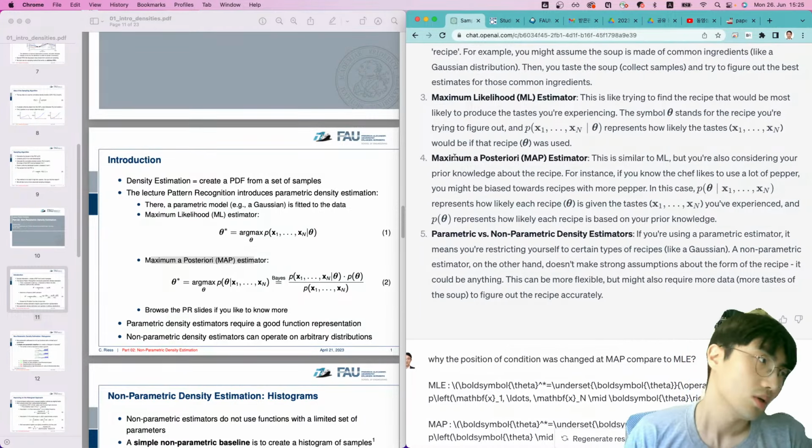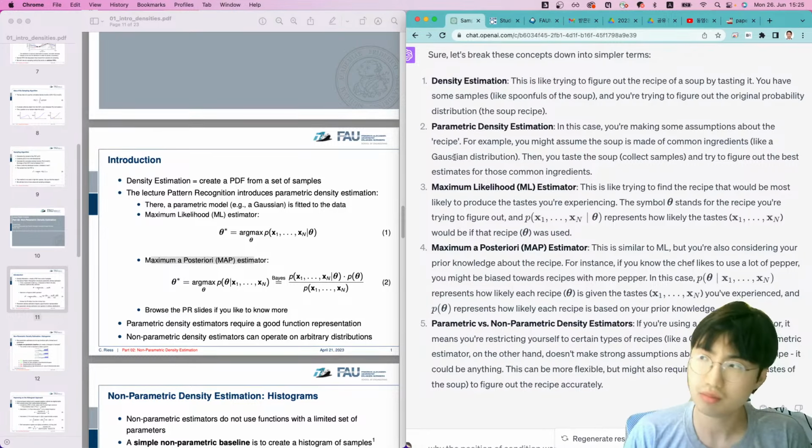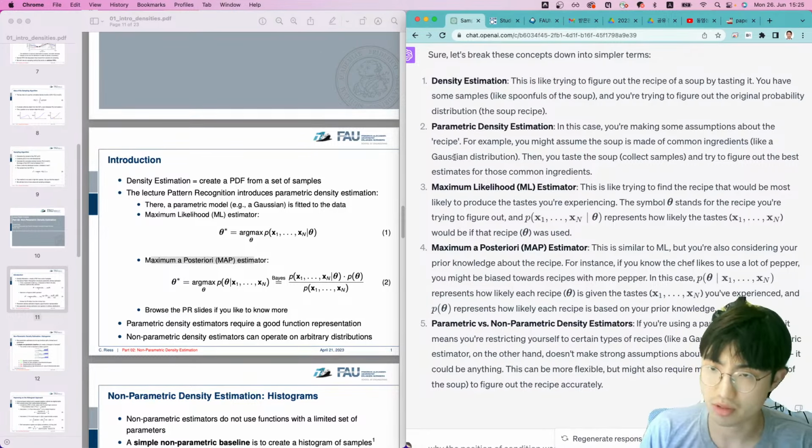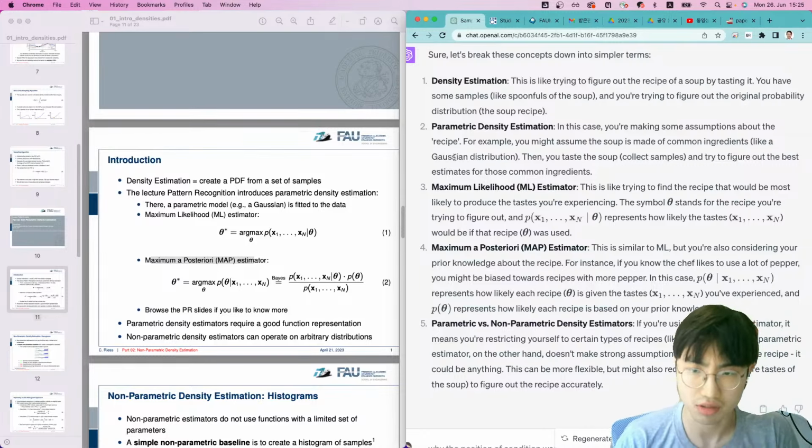So we use parametric density estimation. We assume the parameter, which is the recipe, and we estimate zeta, but we want to maximize the probability of the taste given our assumption, which is the recipe.